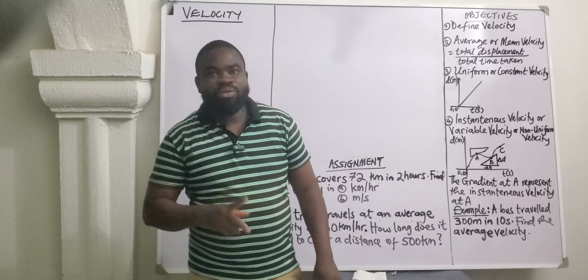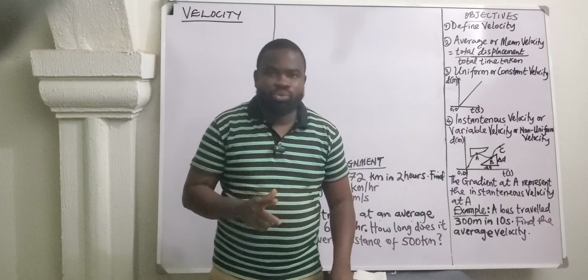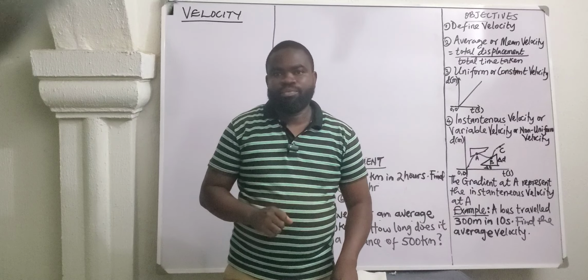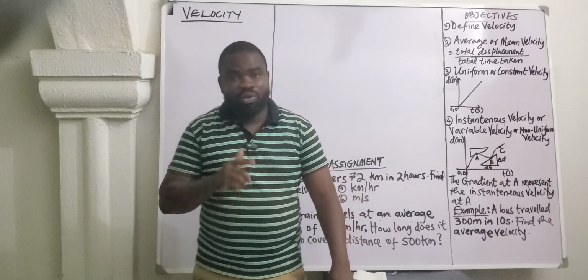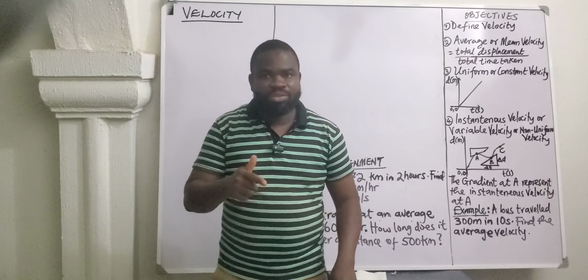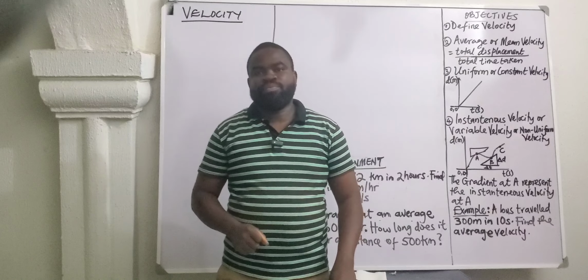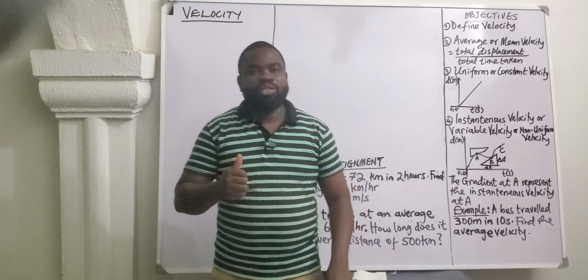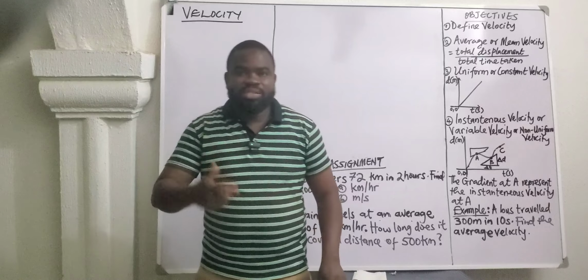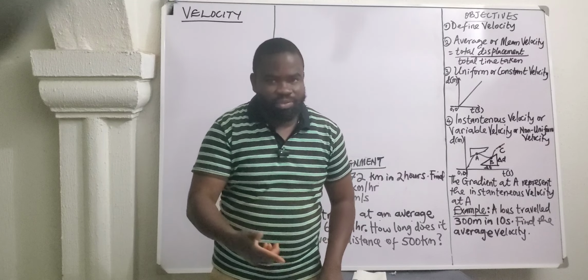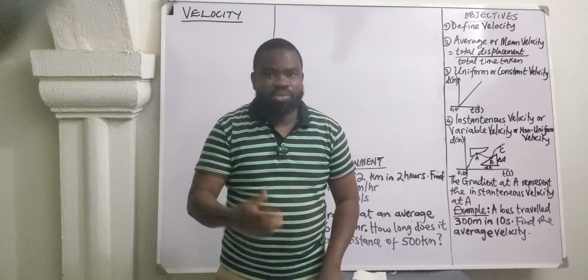What does that mean? Velocity has both magnitude and direction. In fact, we say velocity is speed measured in a given direction. So remember, we said speed is a scalar quantity. So once the speed has direction, it becomes what? Velocity.